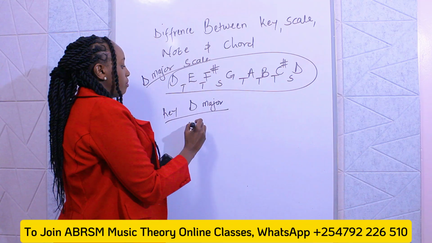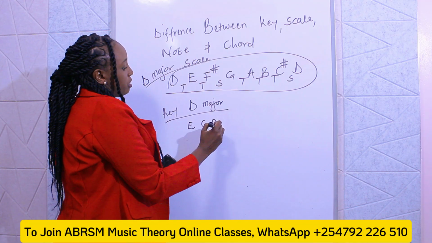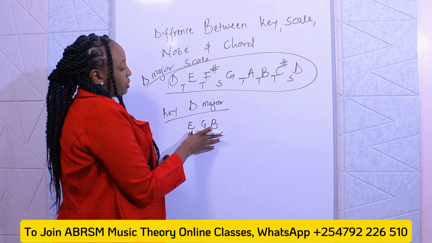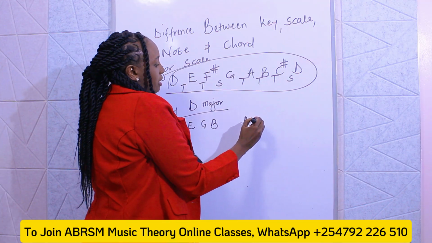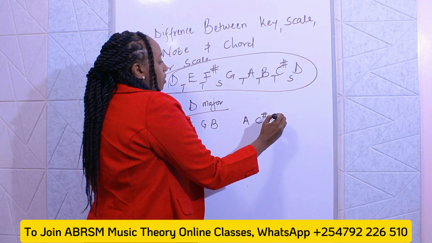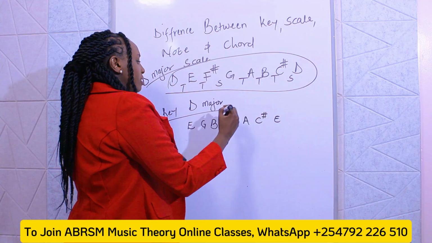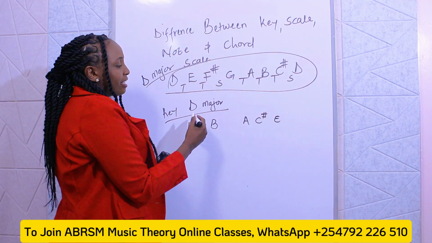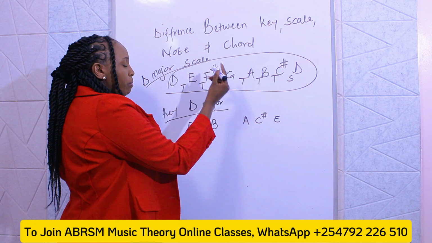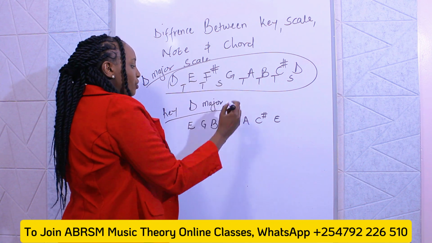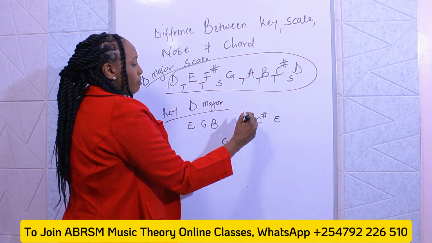E, G, B. So this will be my minor chord. Then randomly, I just play chords. I will still be in the key of D major, randomly picking. I could play notes in between and just join in any note as I play the song.